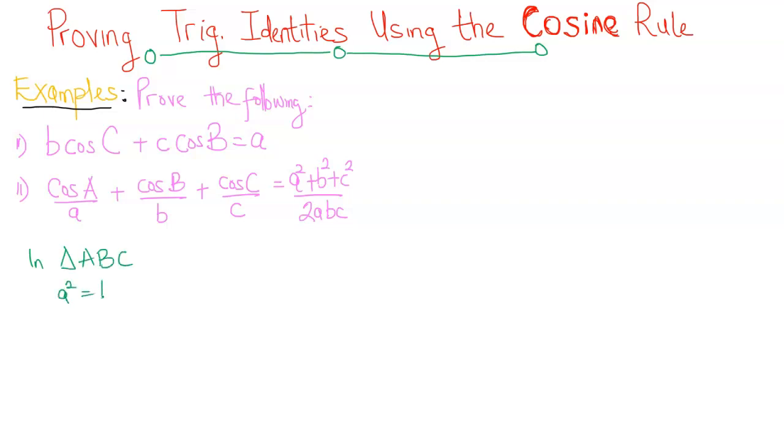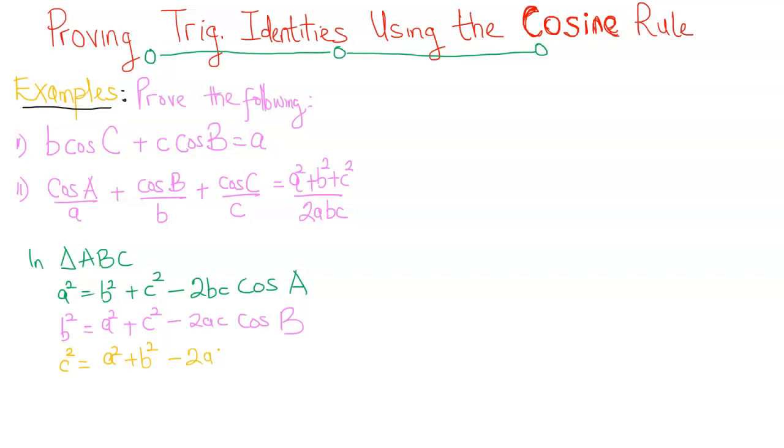a squared equals b squared plus c squared minus 2bc cos A, or b squared can be written as a squared plus c squared minus 2ac cos B, and of course c squared equals a squared plus b squared minus 2ab cos C. This is the cosine rule for any triangle ABC.